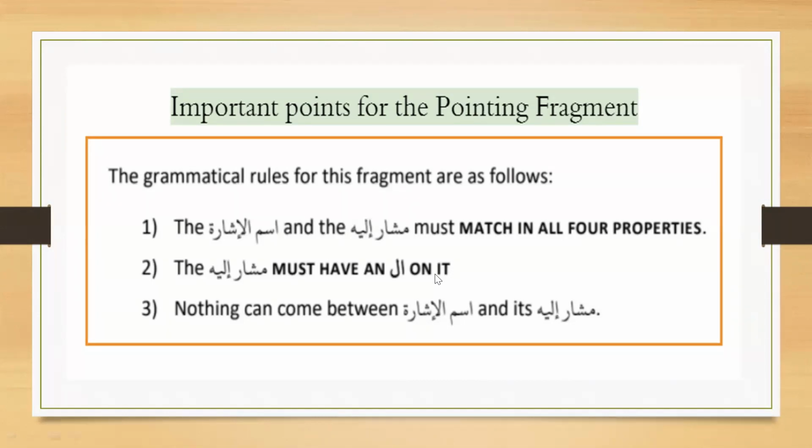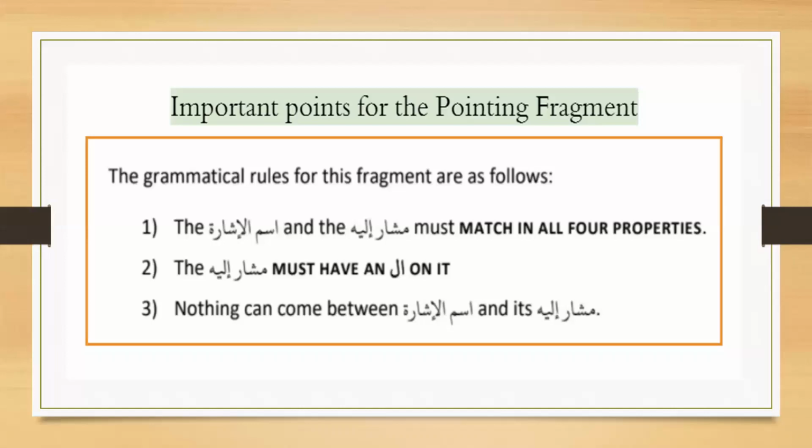Always must have an al on it. And another is nothing can come between ism ishara and its mushar ilay. So in this fragment, if the ism ishara, the pointer word, and another ism come side by side, adjacent to each other, there cannot be any other word in between these two.